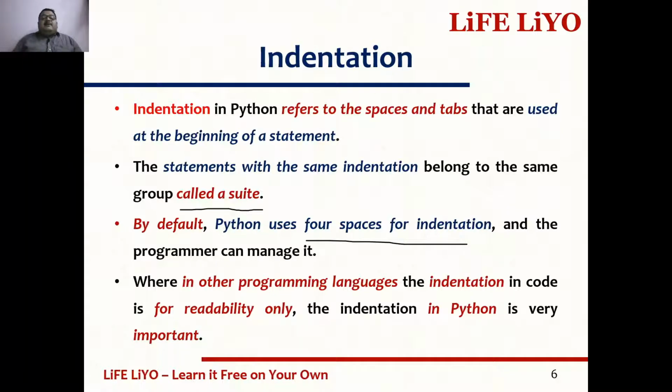If the programmer wants to change it, they can manage it as per their needs. In other programming languages, the indentation in code is for readability only. That is, in any other language the indentation is just for understanding or the outlook of the program. But in Python, indentation plays a key role.